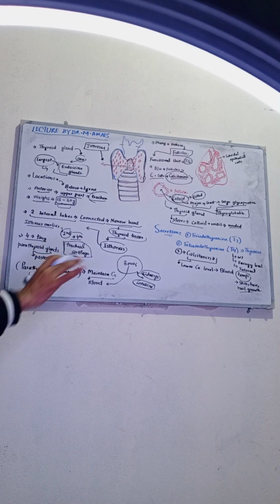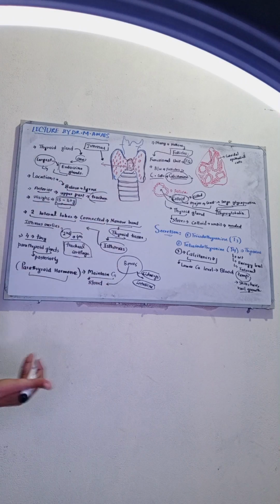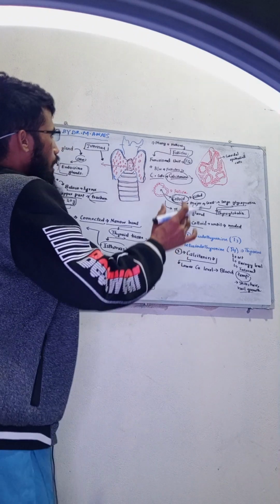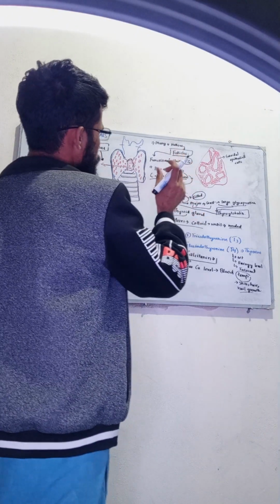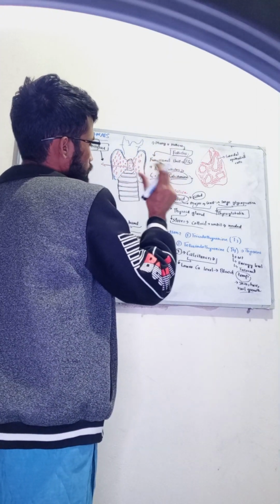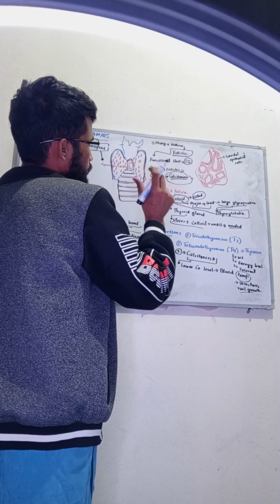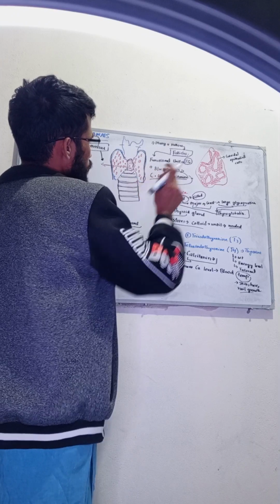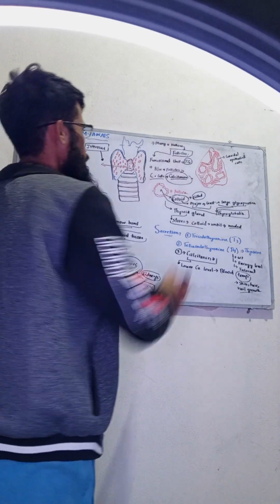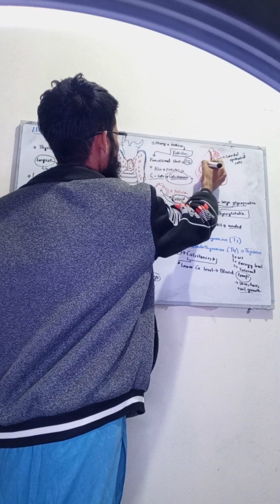Now let's come to the histology of the thyroid gland a little bit. When you see the thyroid gland microscopically, it contains many hollow structures called follicles.